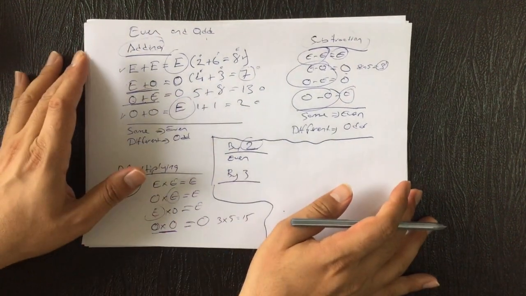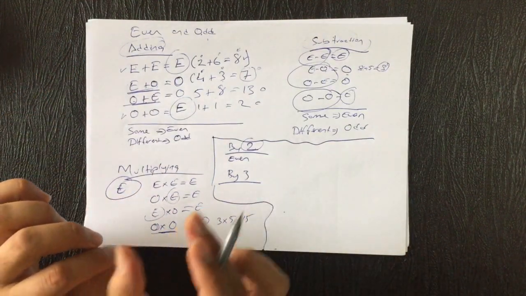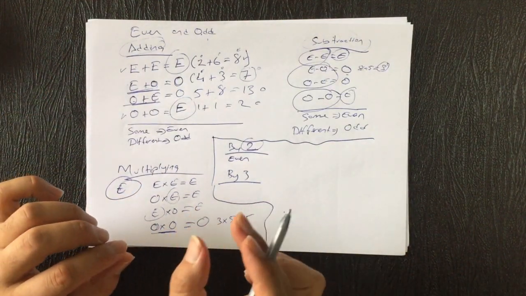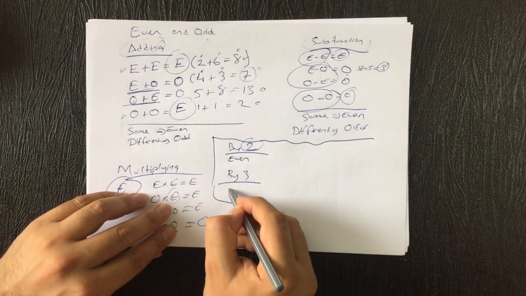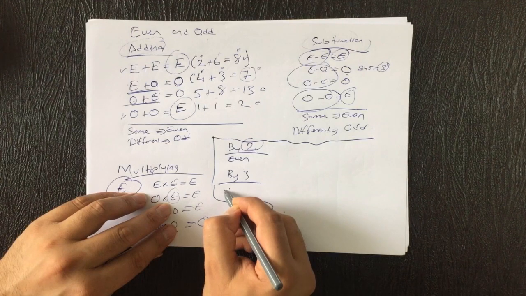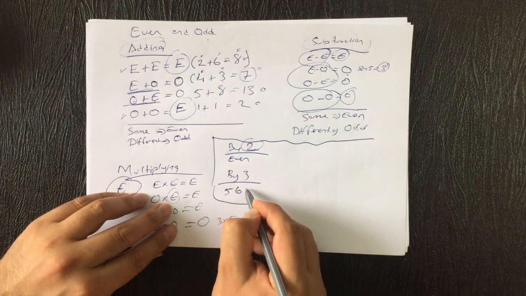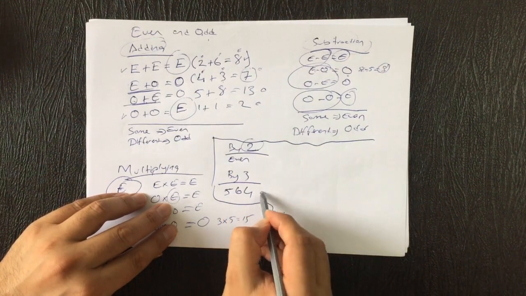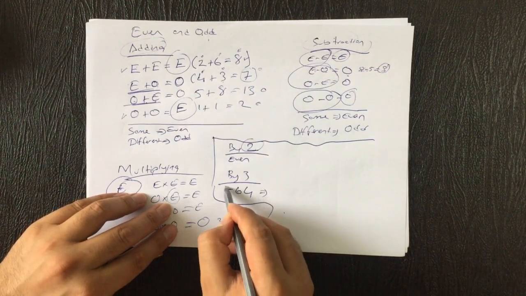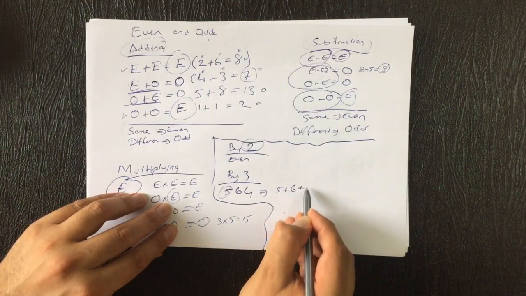What about by 3? By 3 there is a different rule. The sum of the digits must be a multiple of 3. For example, 564. What about these digits? 5 plus 6 plus 4.